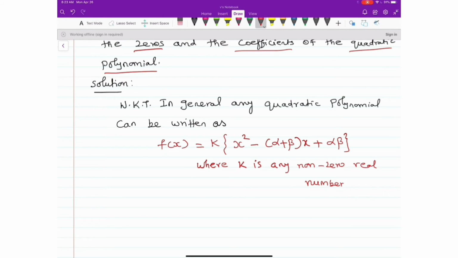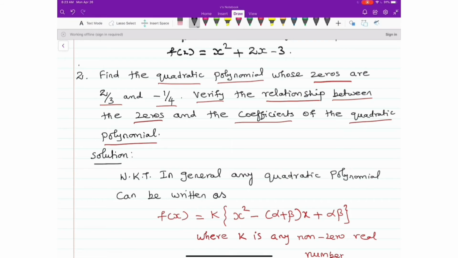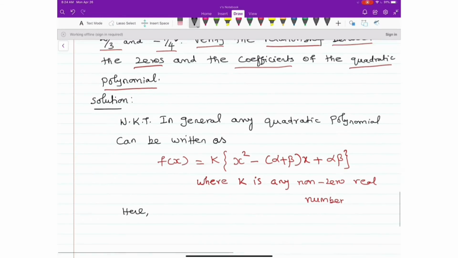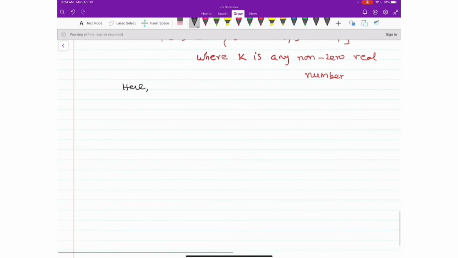Here, what are the things given to you in this question? We can take, let alpha and beta be the zeros of the required polynomial. Then alpha we can take it as 2 by 3 and beta as minus 1 by 4. So let us do that now.